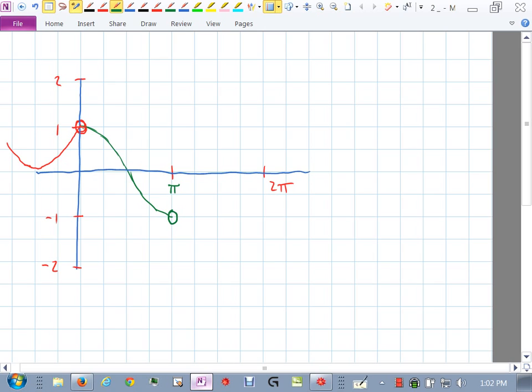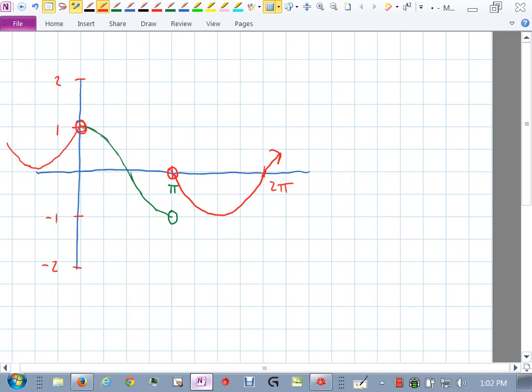And then it needs to look like sine x if x is bigger than pi. So again, sine looks like this. And bigger than pi means from the middle here on. So from here to here, and I can just keep going with that and put an arrow. Do you follow that part?